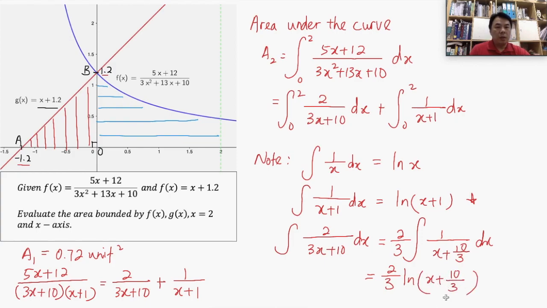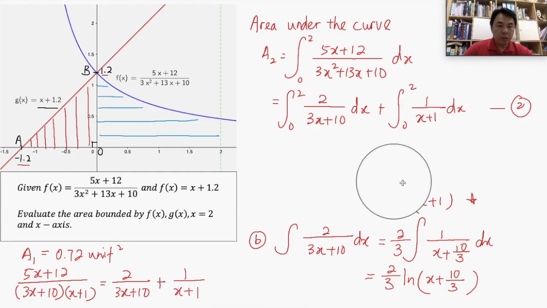So using result number 1 and results A and B, we can continue our work from step number 2 here. I hope that's okay. Take a moment to capture this result, we're going to use it in a while. If you're ready, I'm going to clear this off.